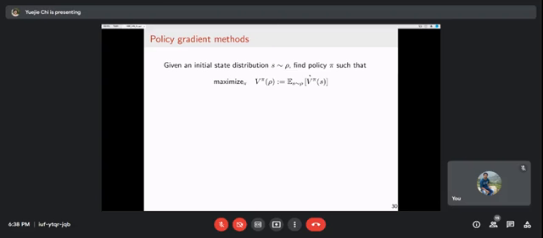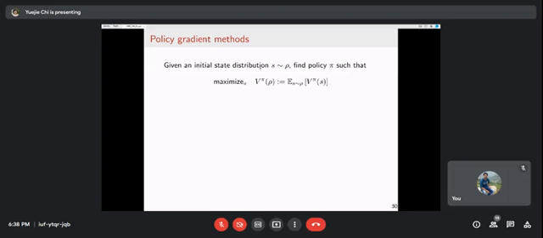All right, so let me introduce this policy gradient method. As I mentioned, the goal is to maximize the values, but the value is defined in a per-state manner. So the first thing we are going to do is crush all these numbers into a single scalar function that we call our objective function.